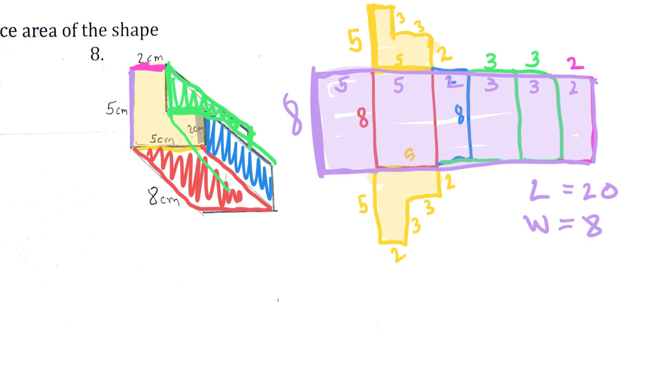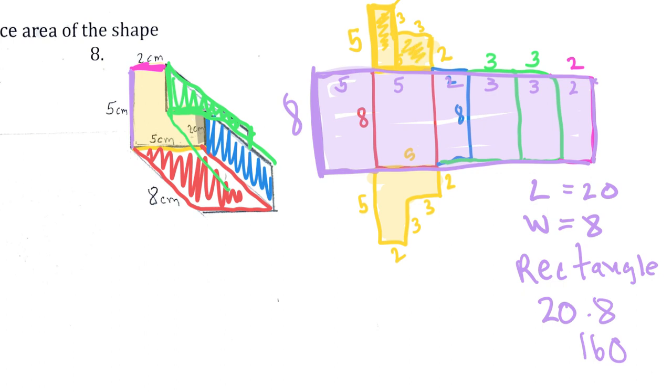So the area of the rectangle is my length times my width. 20 times 8 is 160. Now, we need to find the area of the L. I'm going to just break that up into 2 shapes. I'm going to break it up into this rectangle, which is 5 times 2 is 10, and this rectangle, which is 3 times 2, which is 6.